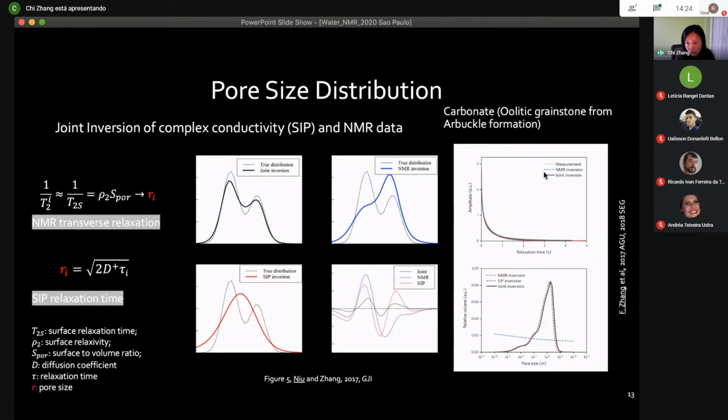This specific rock is an oolitic greenstone from the Abaco Formation, and with this one we basically show that the joint inversion is very much linked towards the NMR results. And from this one, we argue that the current SIP modeling framework didn't really consider some other mechanism, but I can talk about this in a completely separate talk. But we're working on this paper and trying to publish this data set.